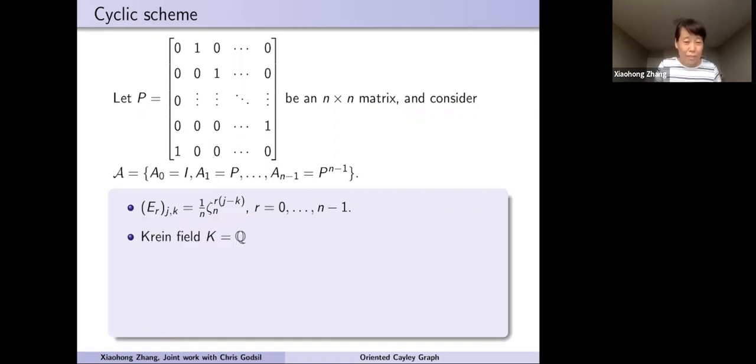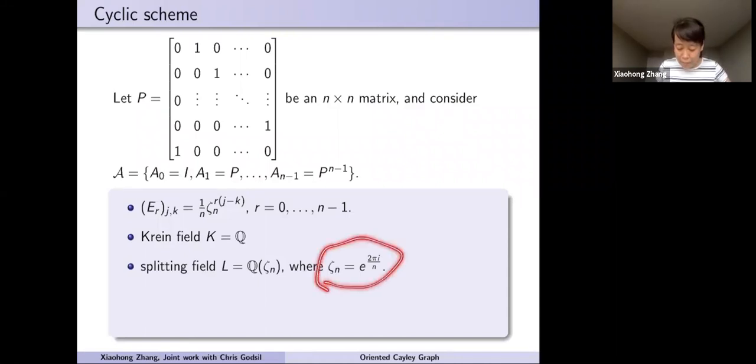The current numbers are either 0 or 1, so the current field is the rational field, and the two smaller ones coincide. The splitting field is obtained by adding the primitive nth root of unity to the rational numbers, so it is the cyclotomic field.